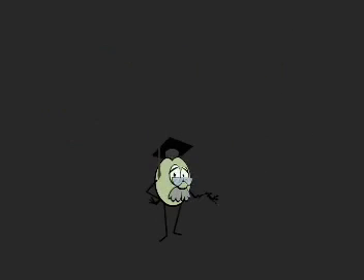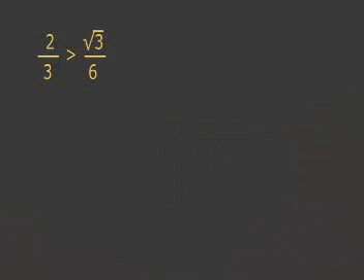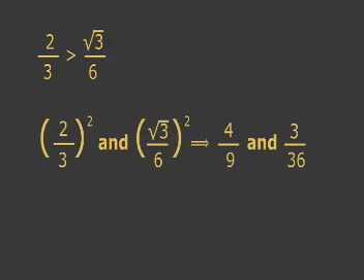Time's up. Let's get back to our lesson. Hello again, students. That was easy, was it not? 2 over 3 is greater than the square root of 3 over 6. When we square both numbers, we get 4 over 9 and 3 over 36.